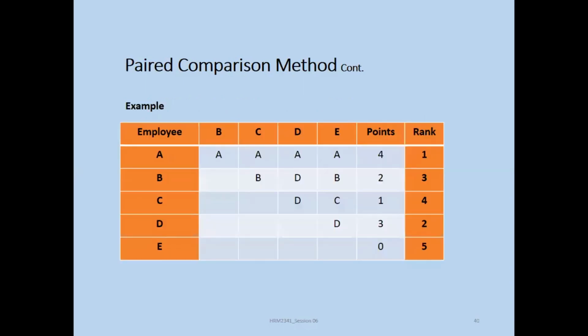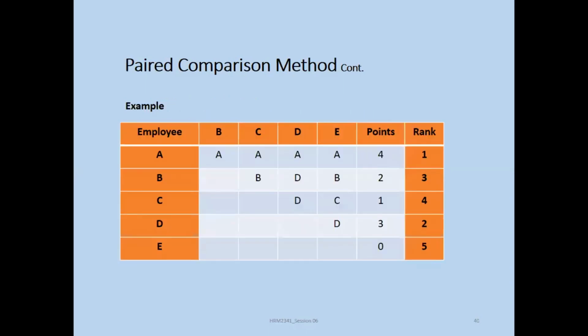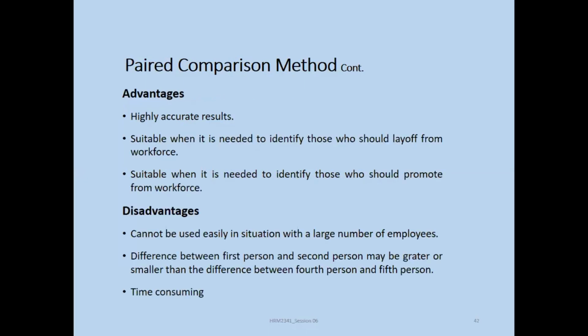In our example, the number of employees is 5. 5 minus 1 is 4. 5 into 4 is 20. 20 divided by 2 is equal to 10. In this chart, we compared 10 pairs. It can be calculated by using this formula, n into n minus 1 divided by 2.